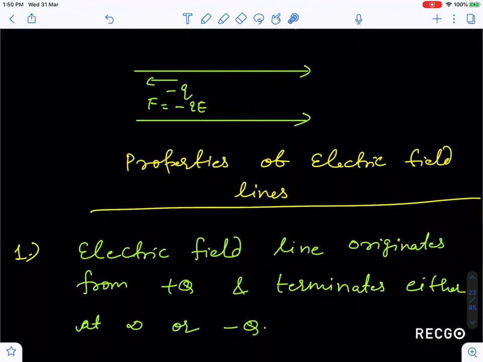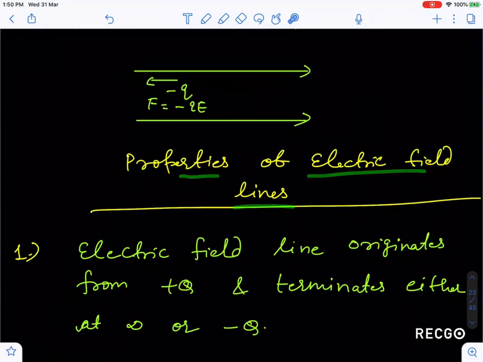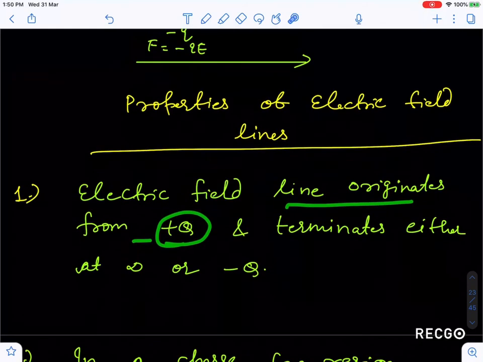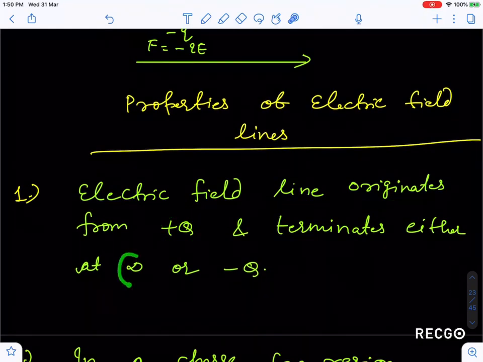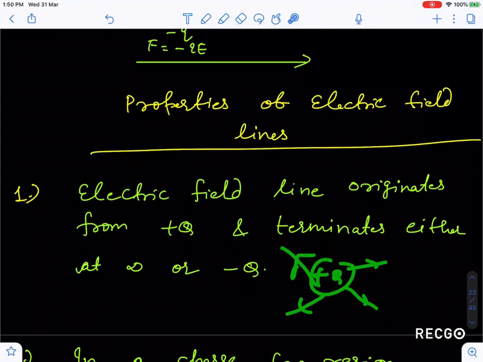Now guys, the most important thing, you have to understand the properties of electric field lines. Electric field lines originate from plus q and terminate either at infinity or at minus q. Means it is originating from plus q guys, or it is terminating at infinity. If there is nothing, no charge, this will terminate at infinity.